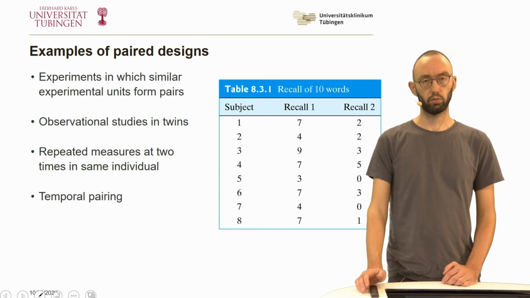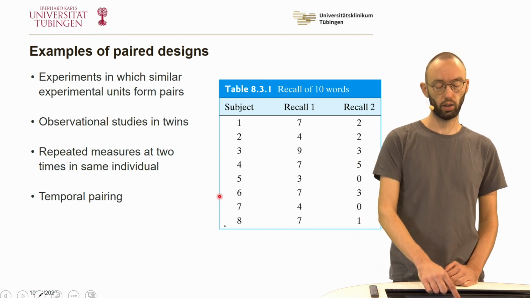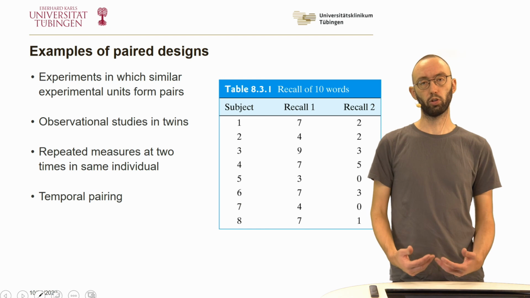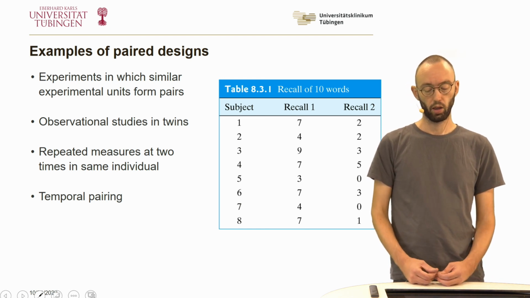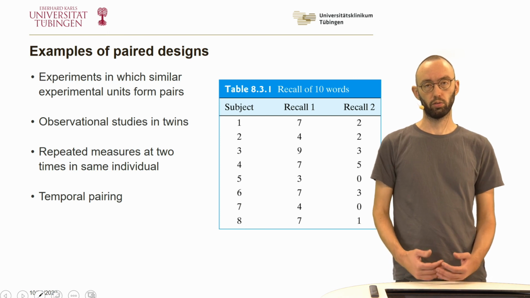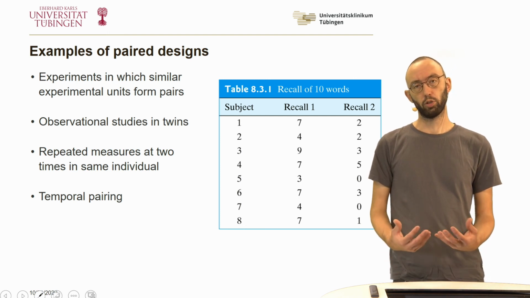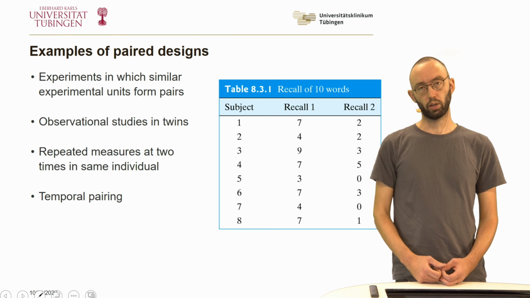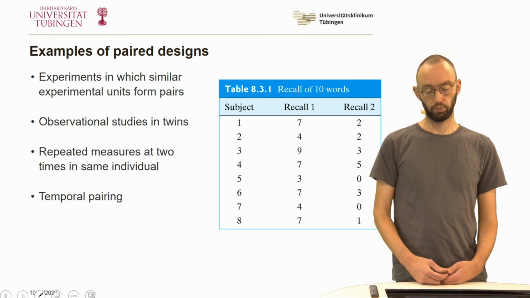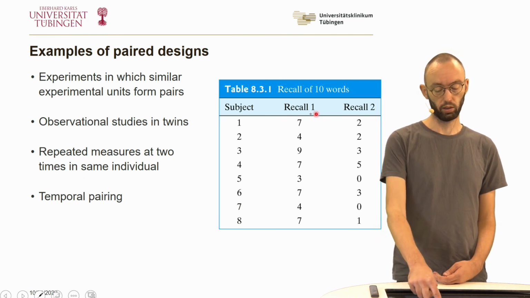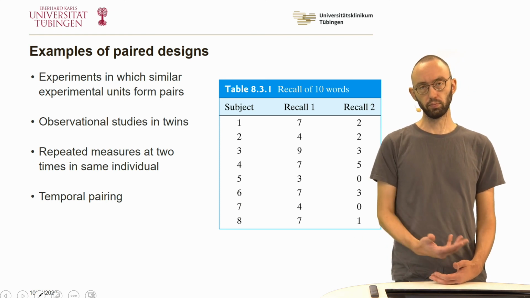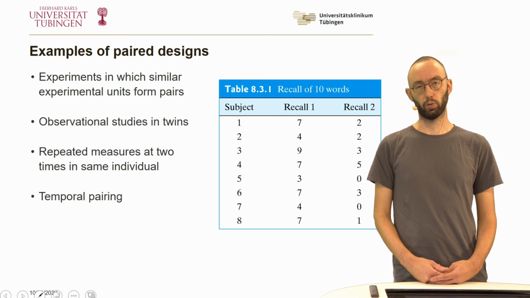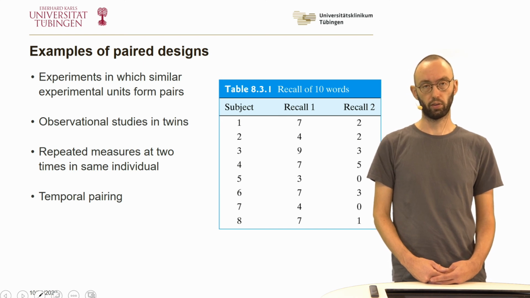So for example, we could have 8 subjects, and in a memorization task, we could ask them to recall a number of words. And once we ask them to recall them briefly after they have memorized them, and then once a bit later. So recall 1 and recall 2. And then we can test whether time matters, so whether over time people forget things in this particular setting.